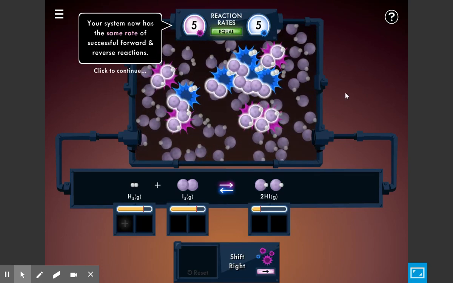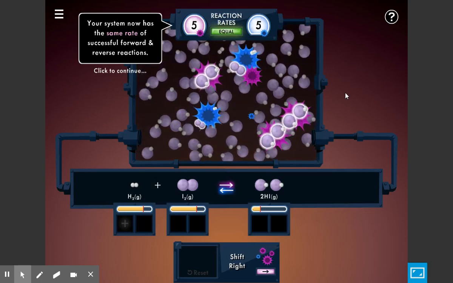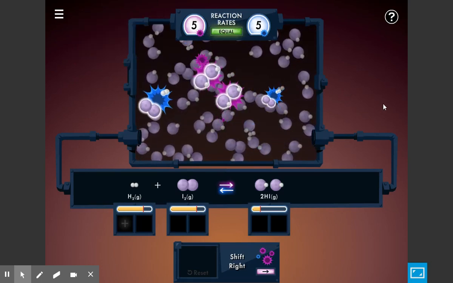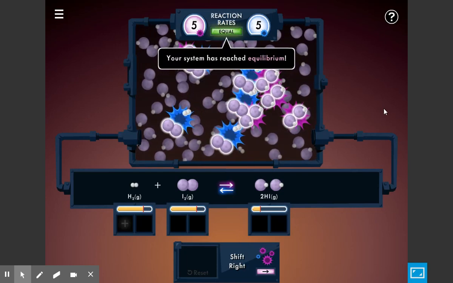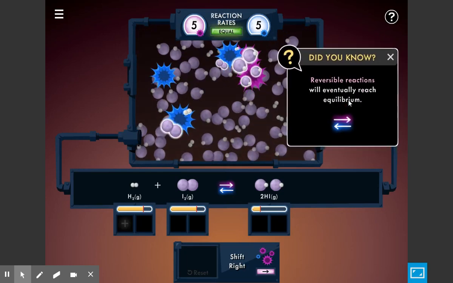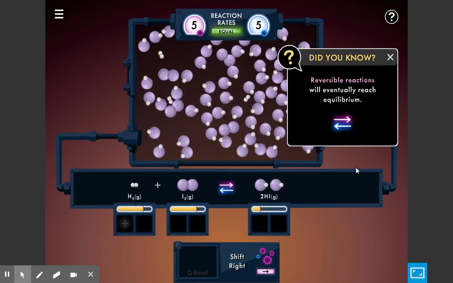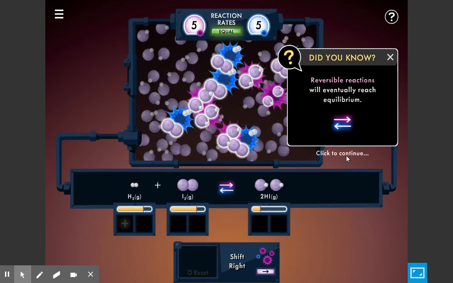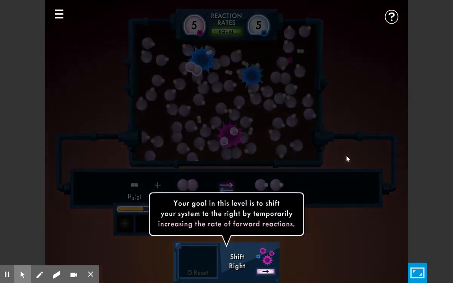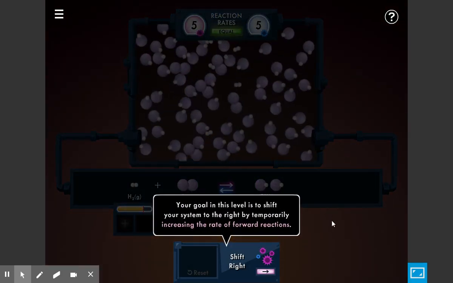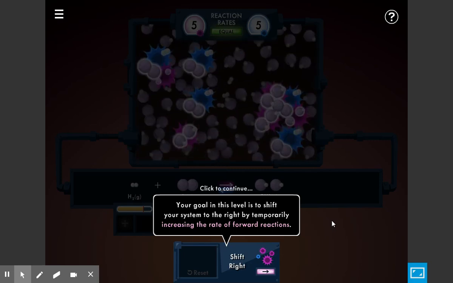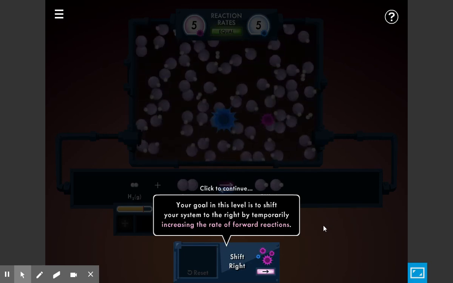Go ahead and pause the video at one of those reaction points and count them just to confirm. Since we have a reversible reaction, we know that reversible reactions will eventually reach equilibrium. In our next lesson, we'll look at Le Chatelier's principle and how different stresses can affect equilibrium.